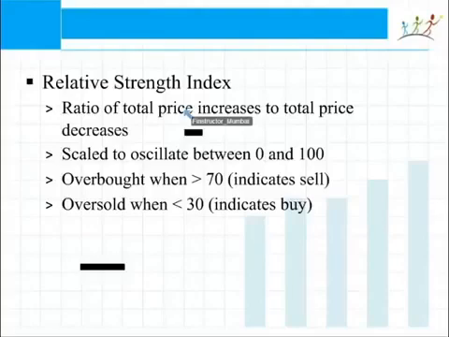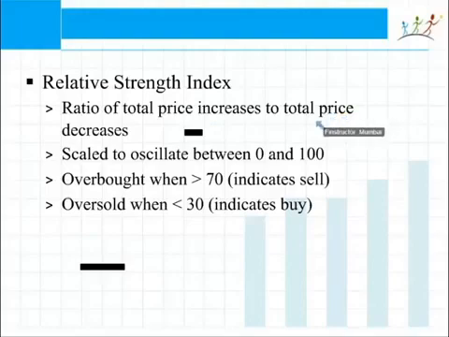He will conclude that the market is overbought and he will sell into this market if the relative strength index is greatly positive, that is, greater than 70. If the relative strength index is less than 30, that means that price increases are relatively few and price decreases are high.